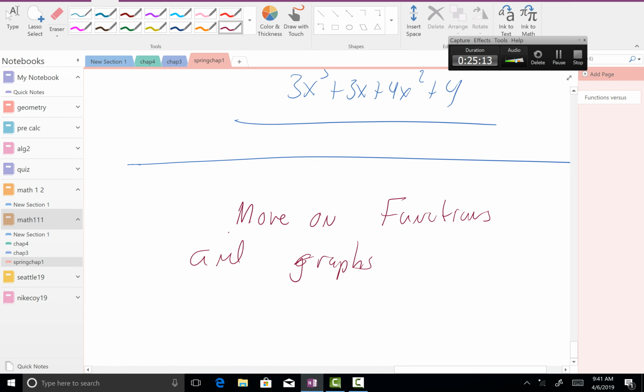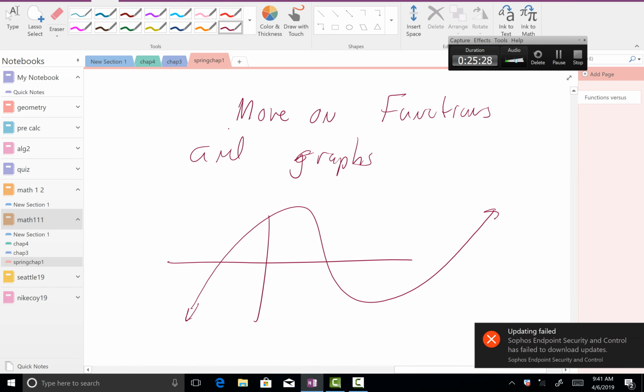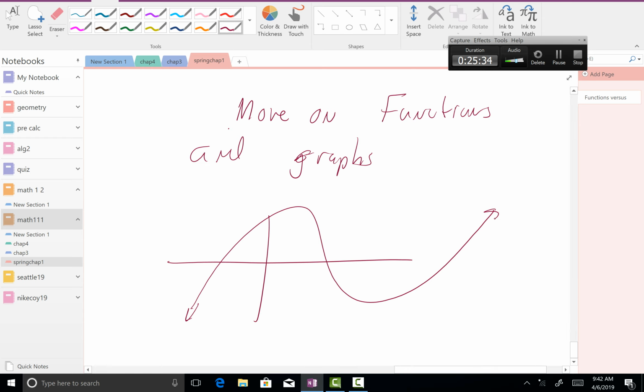Okay, so the next thing that they talk about is the graphs of functions. The next couple of sections are pretty much on graphs of functions. The thing about this is they mention zeros and just getting information.